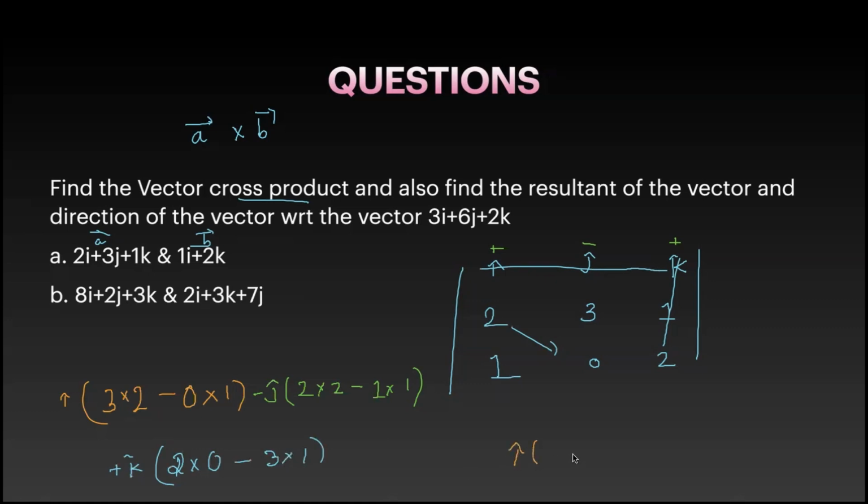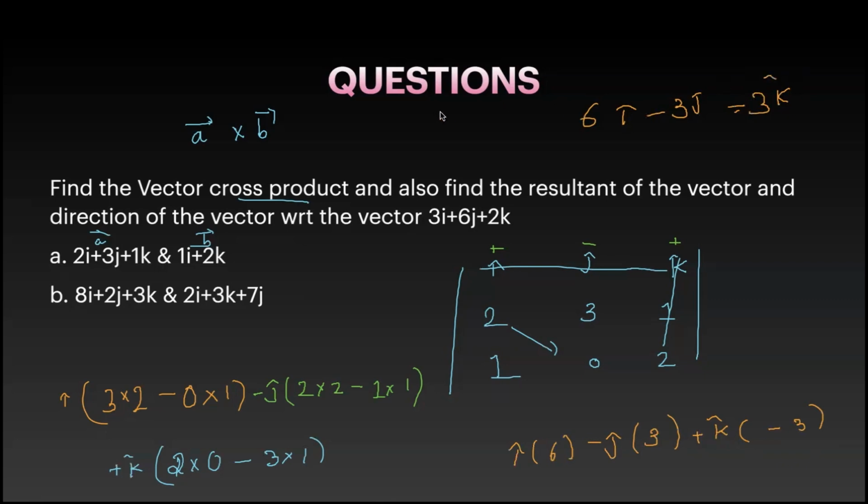I cap times 3 into 2, which is 6, minus j cap times 4 minus 1, which is 3, plus k cap times 2 minus 3. So the final vector which you are going to get is 6i cap minus 3j cap minus 3k cap.